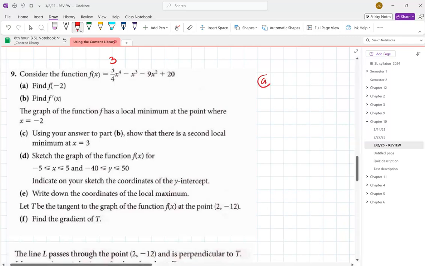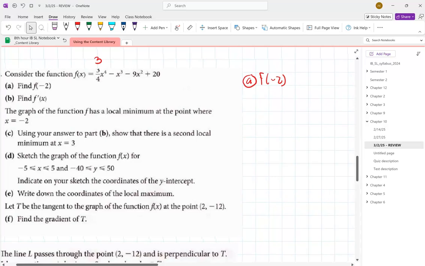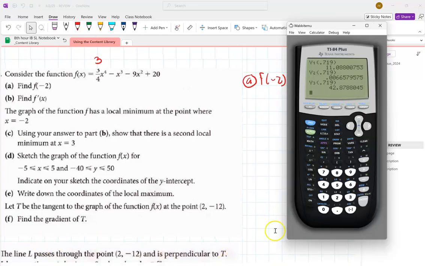Find f of -2. How do I do that? So again, the way I would do this is I'm just going to type it in this way. I would ideally have this set up in my calculator already with the first derivative and the second derivative already stored in there.